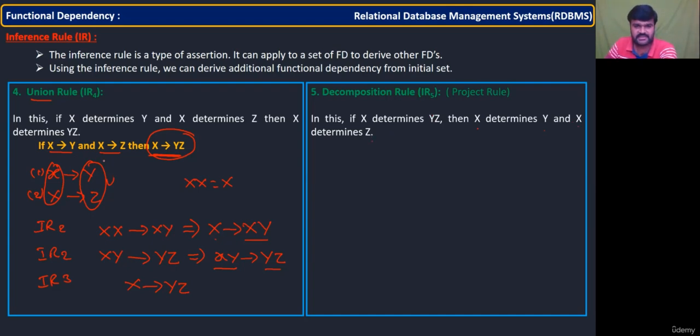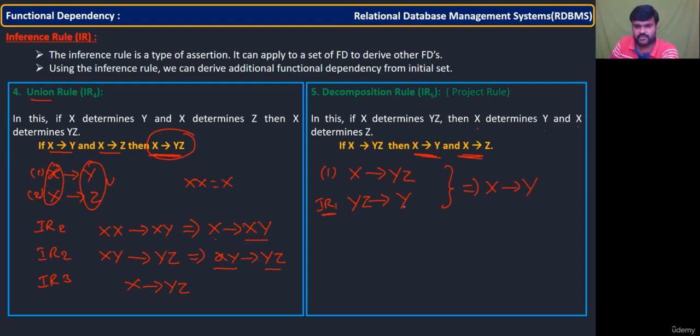Exactly the opposite. X determines YZ is given. Now, can we write YZ determines Y? By the reflexive rule, we can write this part. Then transitively, from this, X determines Y. So that is one that you proved.